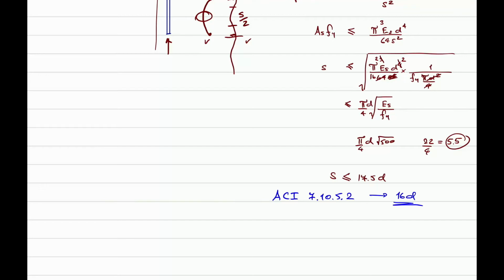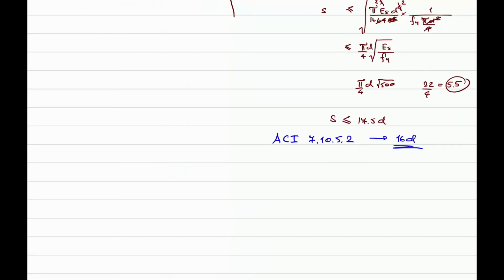So it is written that building columns are generally proportioned with a ratio of length to cross section of 8 to 12. Okay, right.